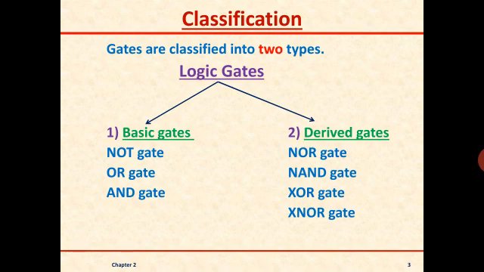Basic gates are further divided into three categories: NOT gate, OR gate, AND gate. Derived gates are again classified into four types. They are NOR gate, NAND gate, XOR gate, and last one is XNOR gate. In today's class, we will be concentrating only on basic gates.